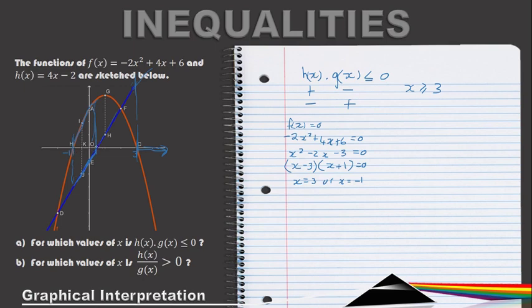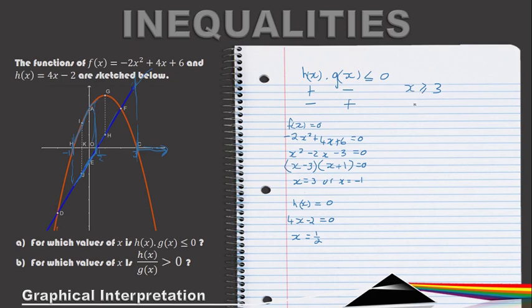So from minus 1 and then where this graph intersects, let's just find out again, h(x) was equal to 0 where 4x minus 2 equals 0. Oh yes, that was at a half. So from minus 1 to a half.